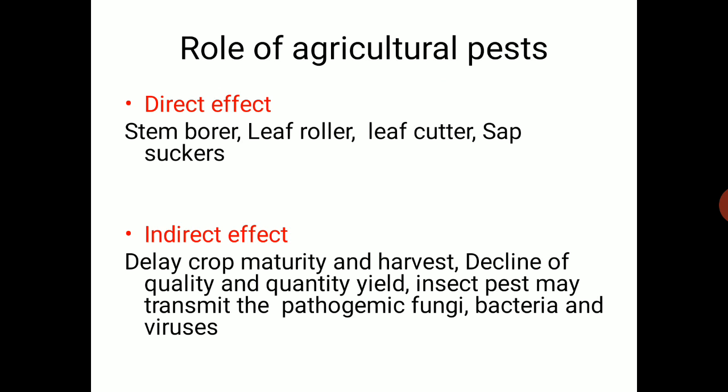The agricultural pests also affect the crop plants indirectly. For example, they delay the crop maturity, and the harvesting process also gets delayed due to the attack of different pests.